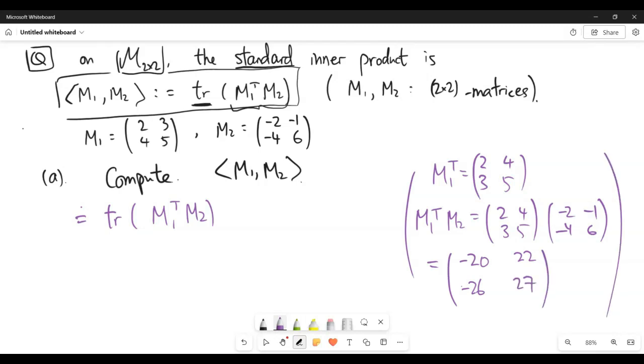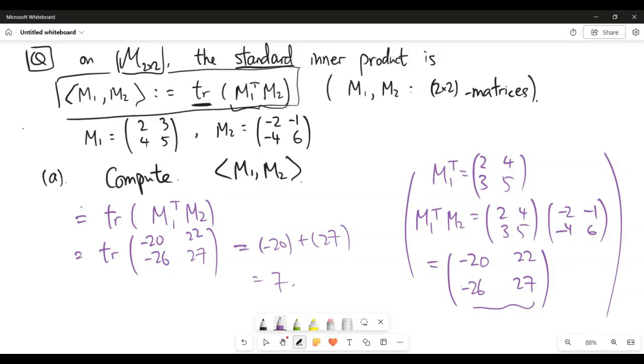So you should be able to get the matrix product of the two matrices. Now we are looking at the trace of the matrix product like this, and by definition the trace is the addition of the diagonal entries. So I think the answer is 7. Is it okay, this one? I hope it is okay. Then we'll look at the next question.